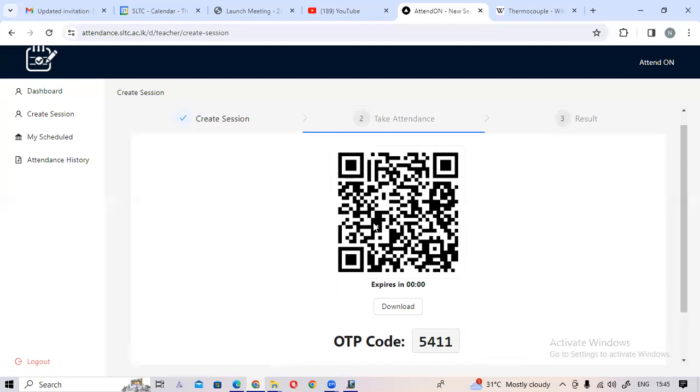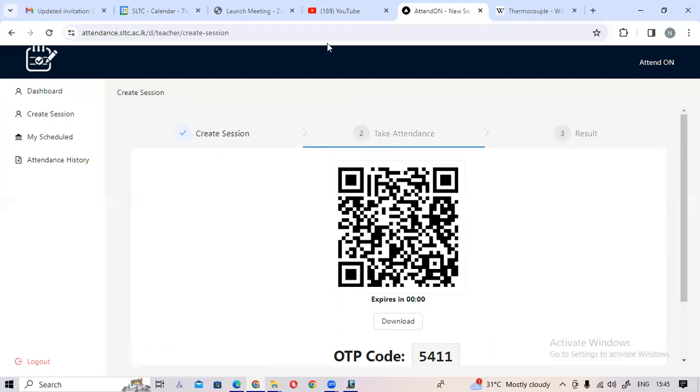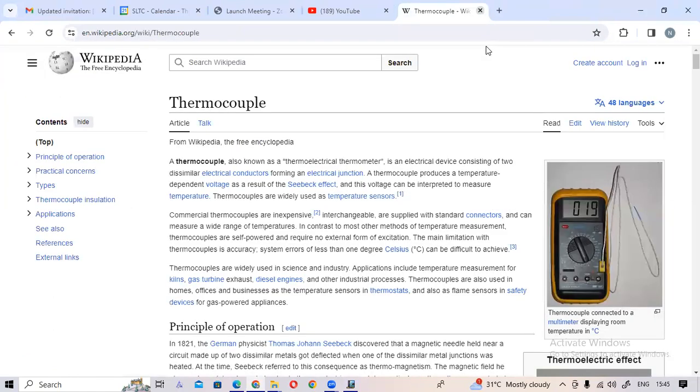It is expired, okay? So I will open another attendance after some time, then you can mark the attendance. Don't worry, I will reopen the attendance.